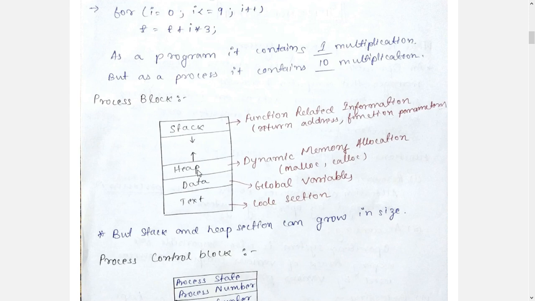Also we have heap in process block, which is helpful for dynamic memory allocations, which we normally do in C using malloc and calloc functions. There is data section, which is used to store the global variables. There is a text section where we store the codes.